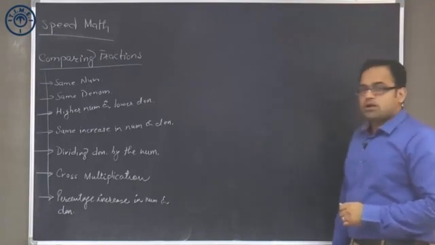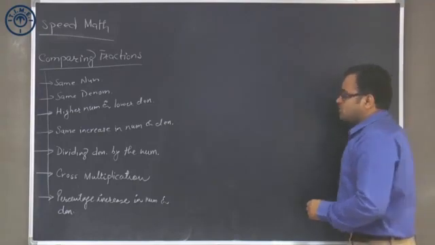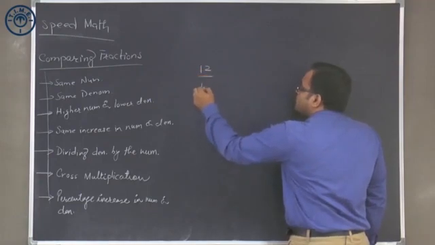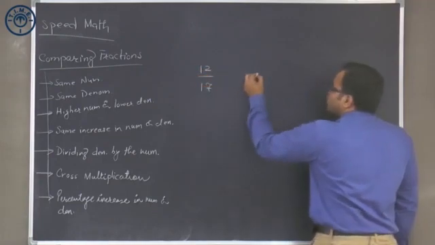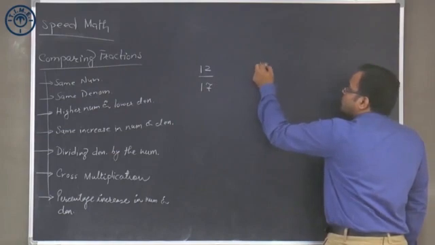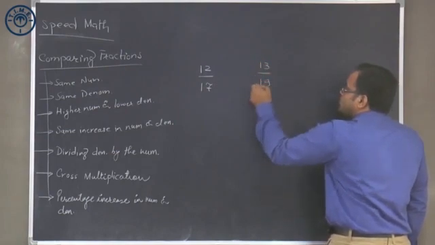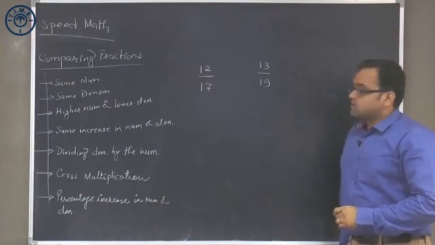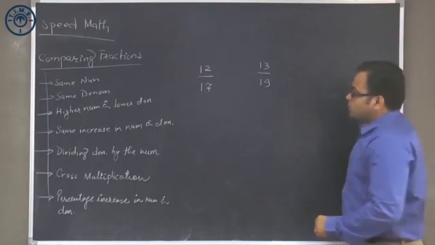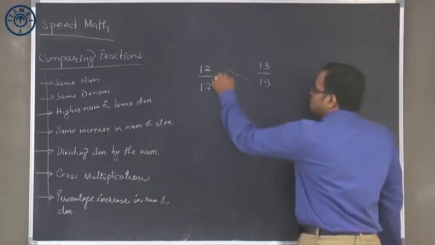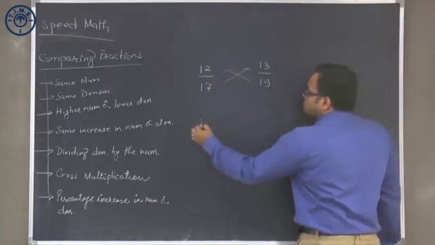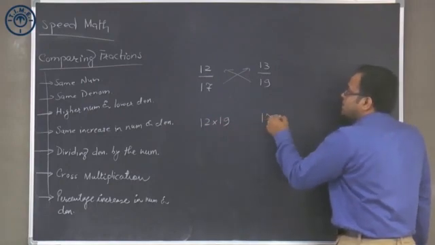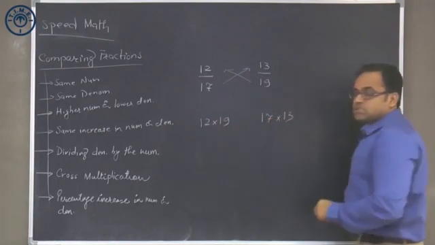Next, let's talk about cross multiplication. Let us say I have to compare 12 upon 17 with 13 upon 19. For comparing these, what we can do is very simply cross multiply these numbers. If I cross multiply, I will get 12 into 19 on this side and 17 into 13 on this side.